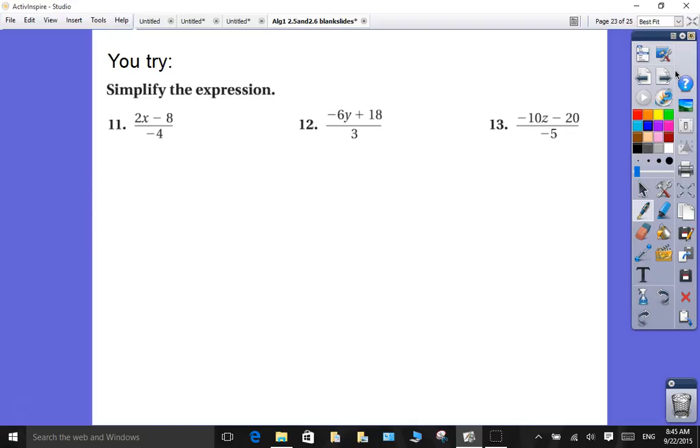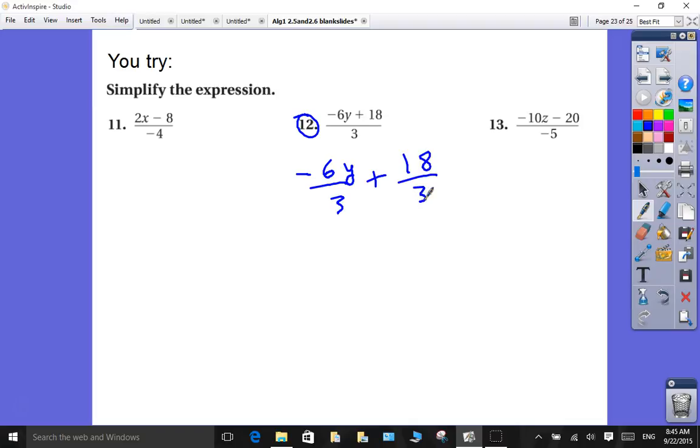So let's take one which is the simple one. How about 12? Just split that up into 2 terms. What do you got? What would be the first step, Drew? Before we simplify everything, that would be negative 6y divided by 3 plus 18 divided by 3.